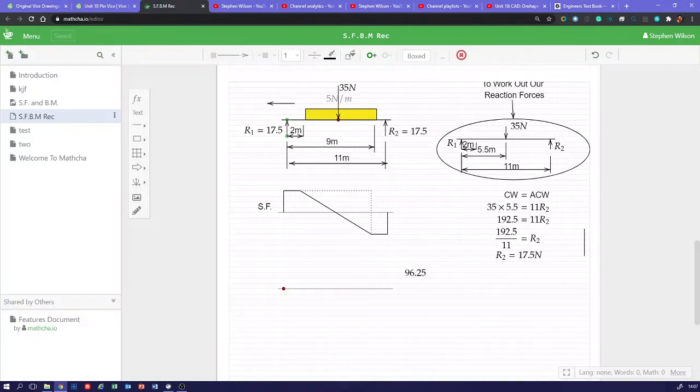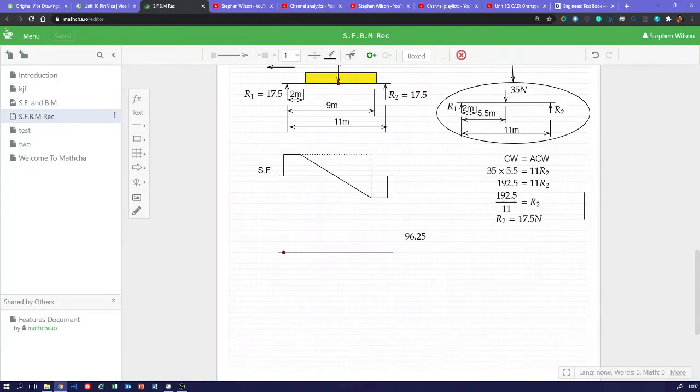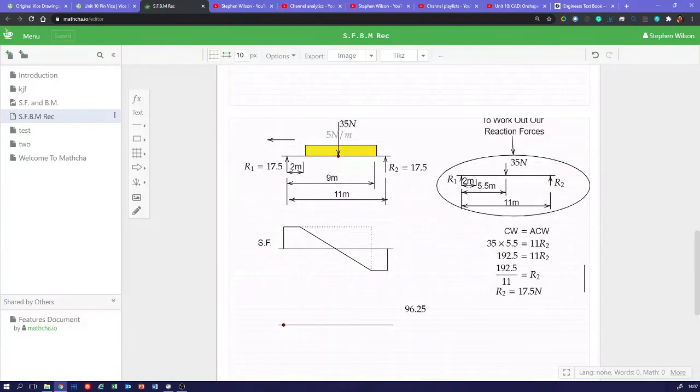It's an upward force, so it's positive, 17.5, minus 14 because that's the downwards force. And so 17.5 multiplied by 5.5 gives us 96.25. Okay, and so that becomes the maximum point of our curve.